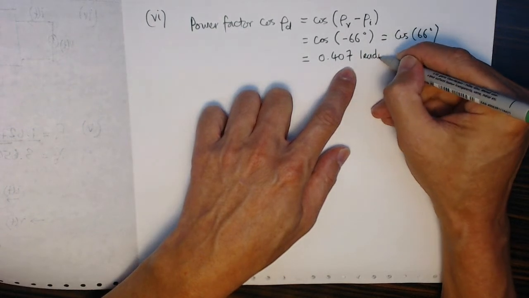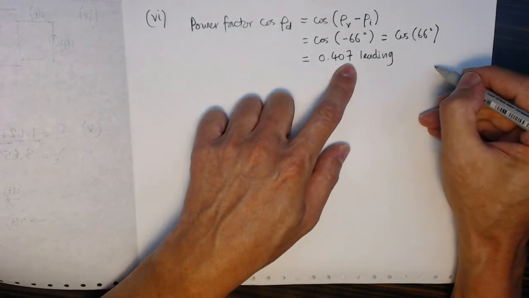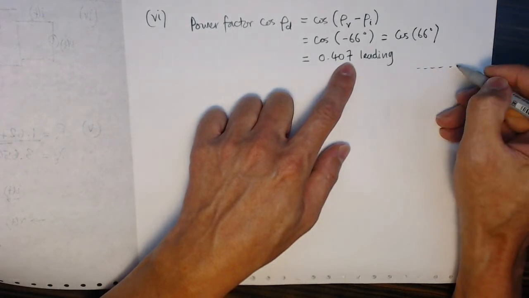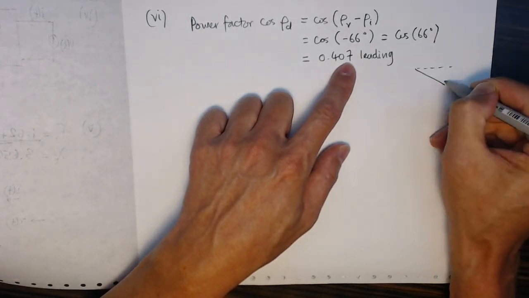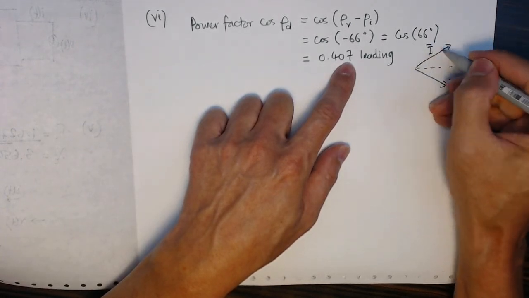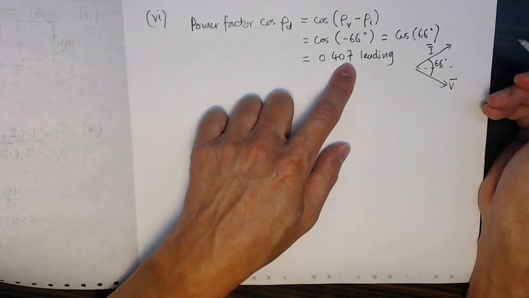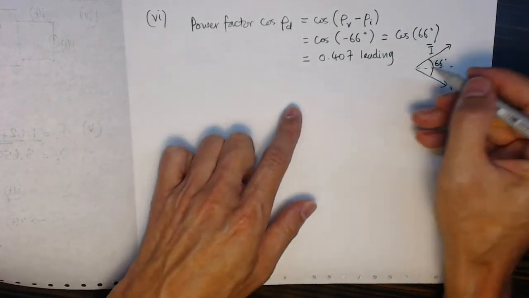The power factor is 0.407 leading. Remember just now we drew the phasor diagram. The voltage is here, the current is ahead, and this angle is the 66 degrees. So that's the power factor.